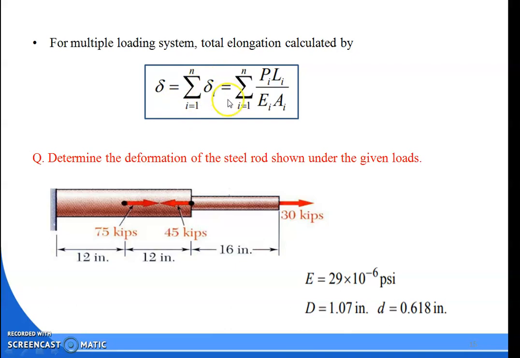That means we have to calculate each section with a single loading individually first, then put in the values of P, L, E and A for each, and then add them to get the total elongation of the whole body.